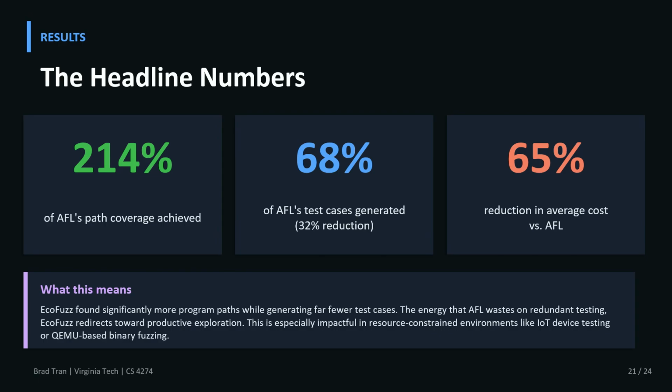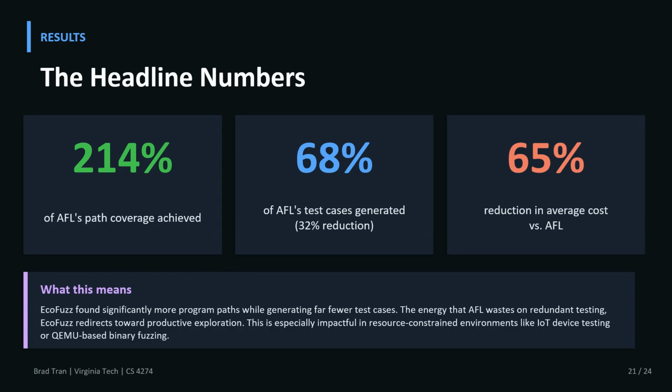Compared to stronger baselines, such as FidgetyAFL and AFLFast.new, EcoFuzz found comparable or even greater path coverage while generating roughly 65% of their test cases and reducing average cost by about 33 to 39%. What this means practically is that EcoFuzz gets more coverage out of every execution cycle.